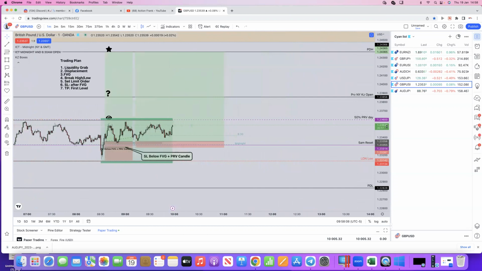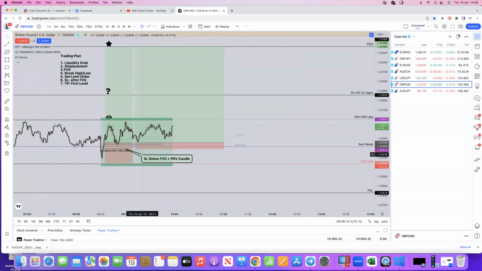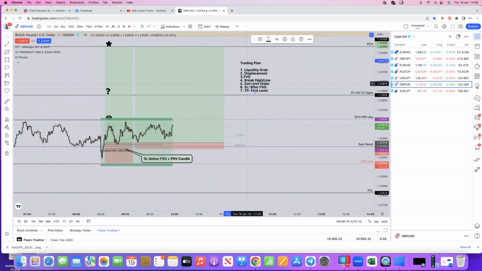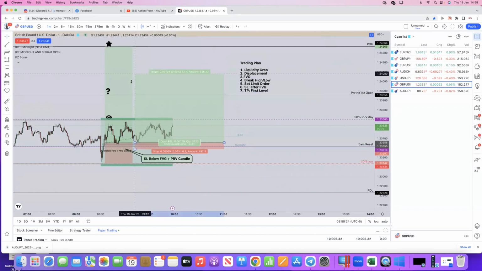Again, looking at numbers on the board, if we had taken what the trading plan is and just put the SL after the fair value gap, which is here, which is why we've got this line here. This first trade, once it hits this, would give a 1 to 3.5. Okay.